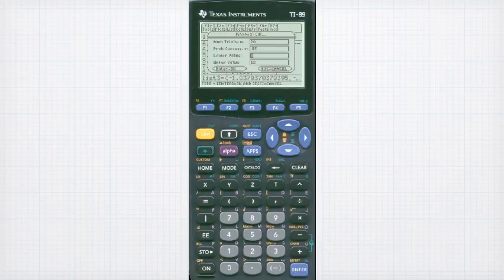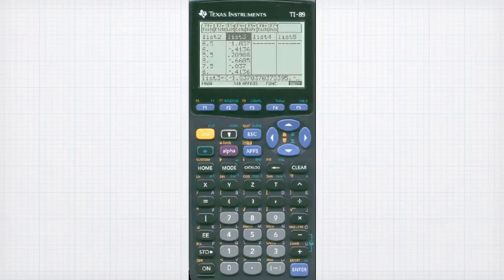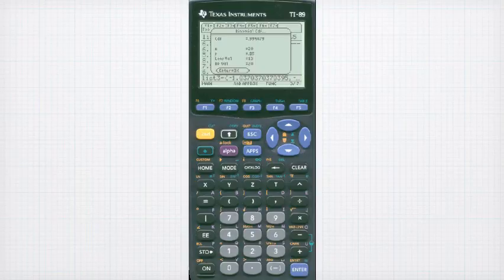Now if x is greater than 12, the lowest value I could have is 13, because these are discrete, and my upper value is going to be 20. Brilliant. I hit enter twice, and I get 0.994079, which is the probability that this would be greater than 12.